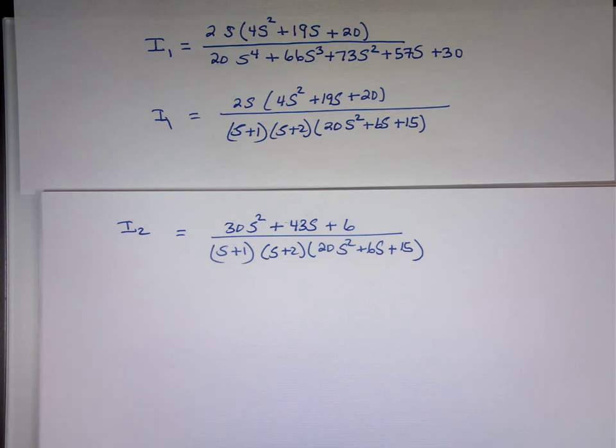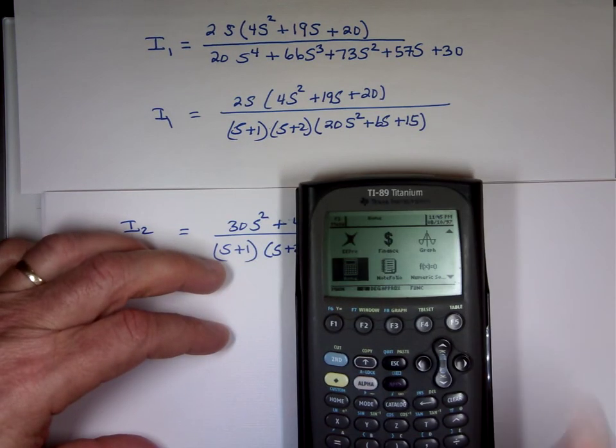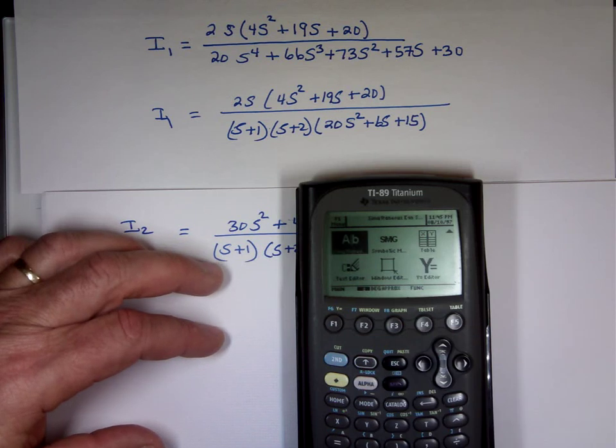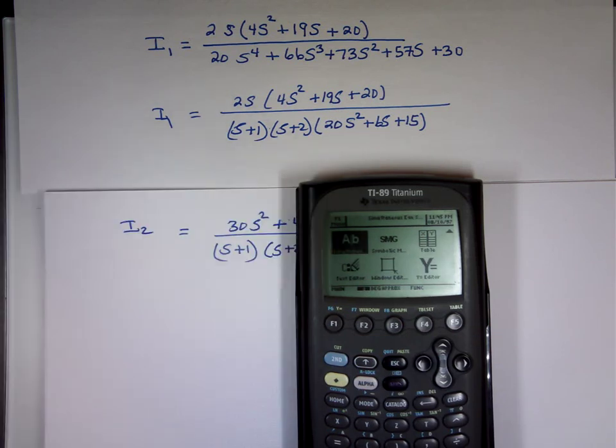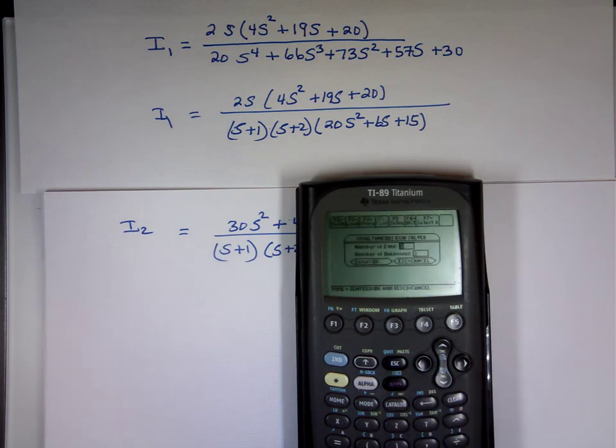So here's what you do on the calculator. If you have a TI-89, you go to apps and solving simultaneous equations. 2 equations by 2 unknowns, new one. And you put in the values.